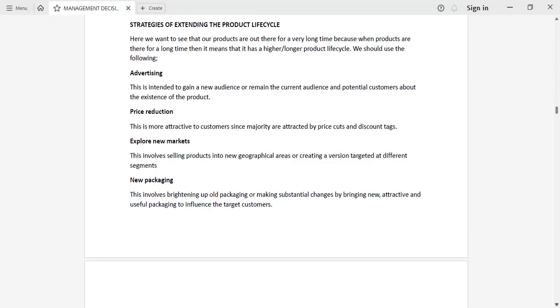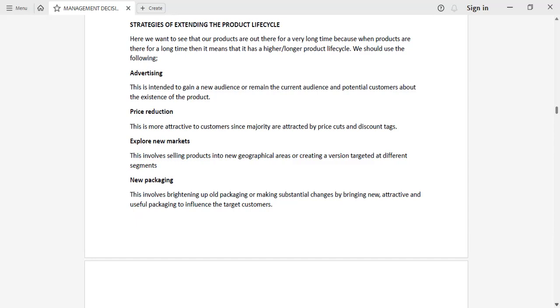Advertisement is intended to gain a new audience, or to remain with the current audience and potential customers, informing them about the existing product. It means we are going to have more customers buying our products, or we are going to maintain the customers we've been having.